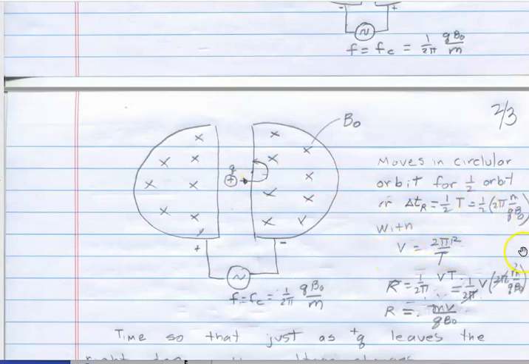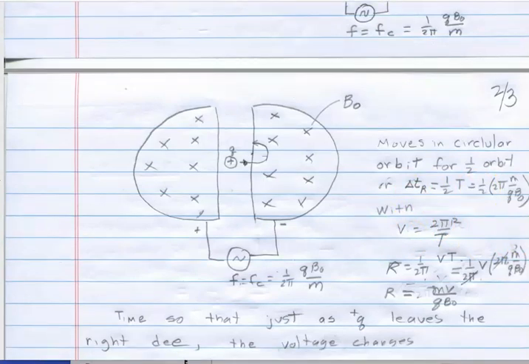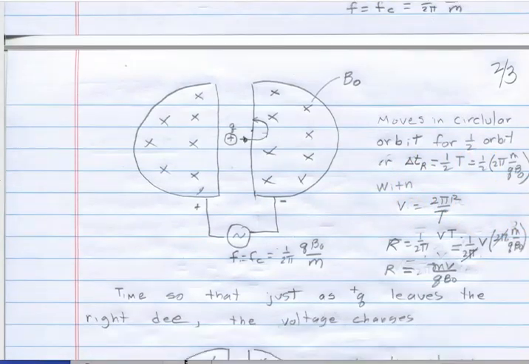And we know that there's a relationship between velocity in this half circle, the radius it makes, and the period. And so once it hits inside here, its velocity is constant at this.